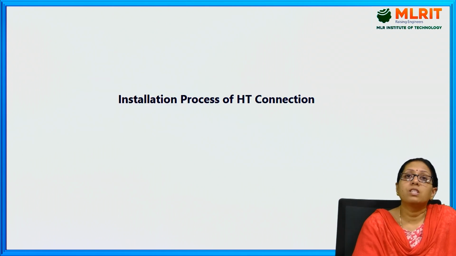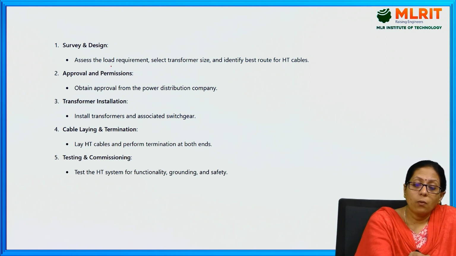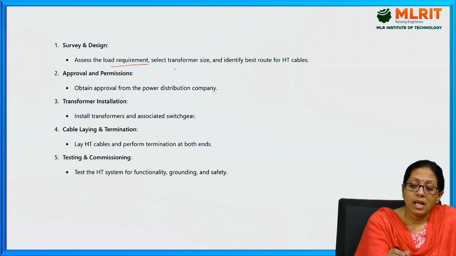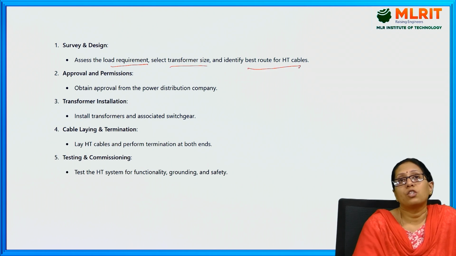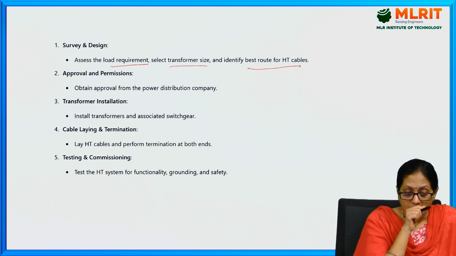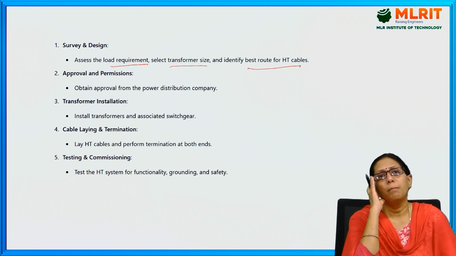Next is the installation process of an HT connection. These are the 4 different steps for installation of an HT connection. The first one is survey and design. The load requirements, the transformer size, and the best route for the HT connection should be decided beforehand.